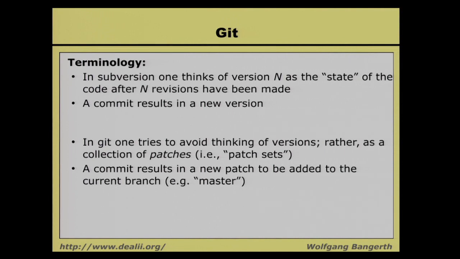I mean, in practice, there is a state, of course. After a commit, I can look at the entire set of files that I have and say, this is how they look. So there is a state, but we don't think of a Git repository as something that has state. It is just a collection of patches, and if I add a commit, then that collection of patches just has one more patch to it.